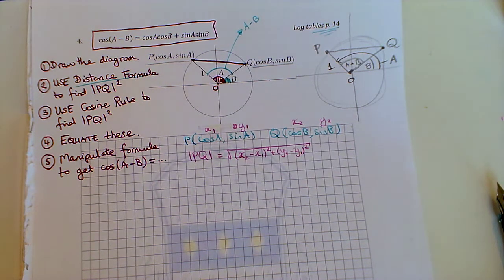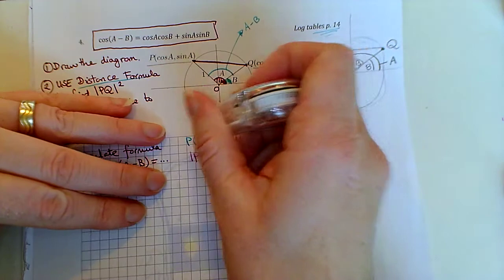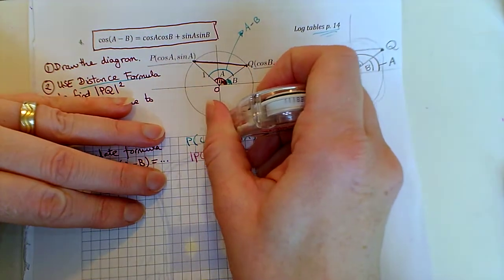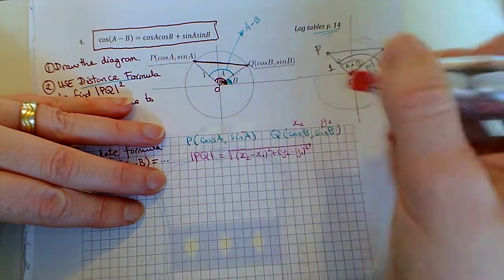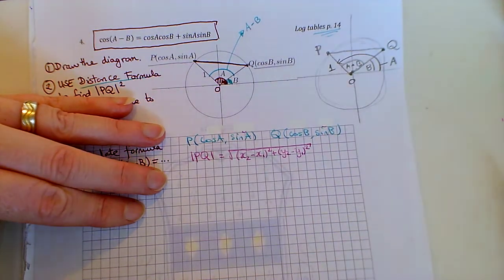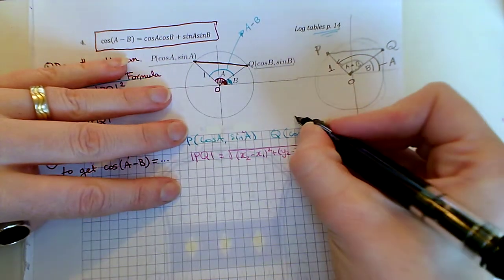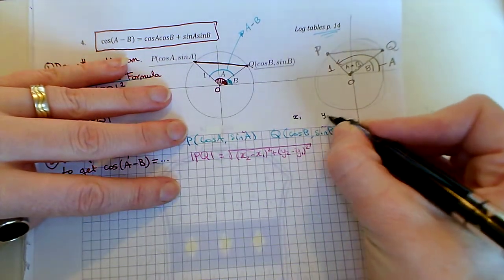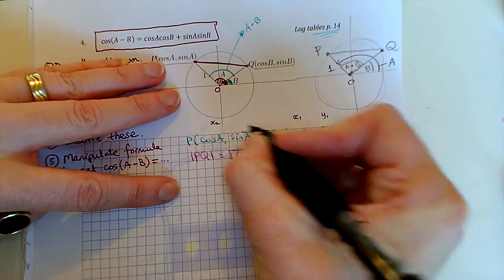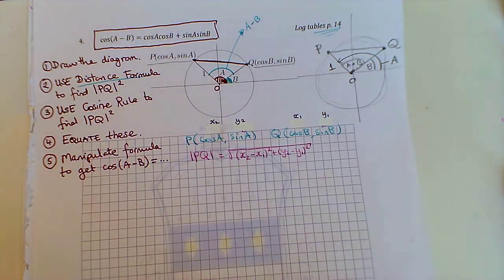It's actually a little bit neater if we change around our x1, y1, x2, y2. It doesn't make a huge difference. You will get the same answer, but this just makes the algebra a little bit easier. If we make this one x1, y1, and this one x2, y2. So it just makes things a bit easier.